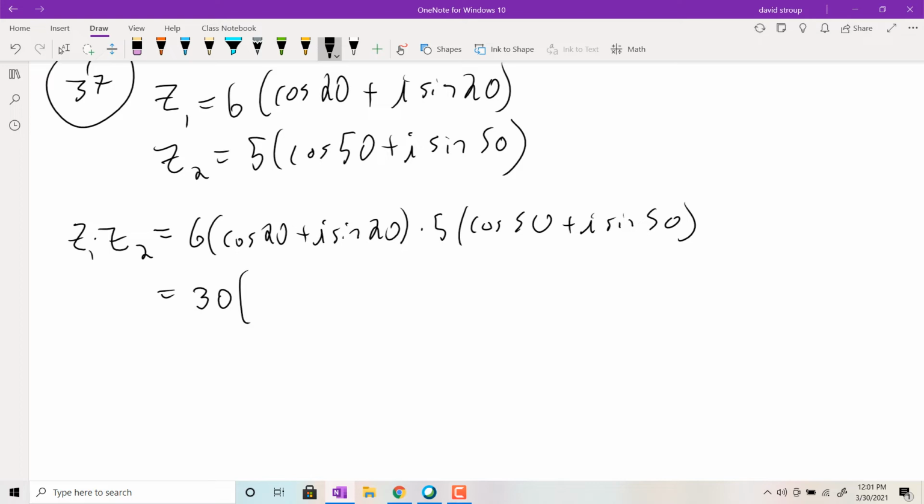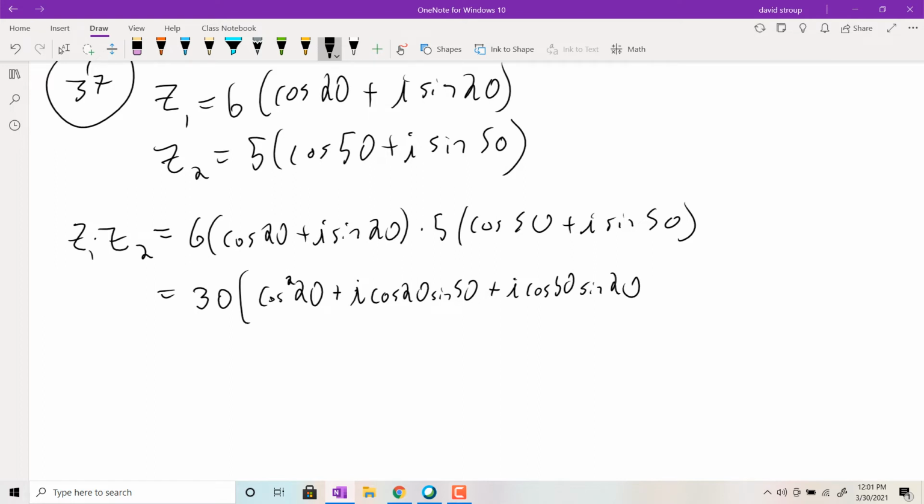Okay? So FOILing that out, you would get cosine 20 cosine 50 from the first. The outer would be plus I times cosine 20 sine 50, the inner plus I cosine 50 sine 20, and then the last plus I squared sine 20 sine 50.